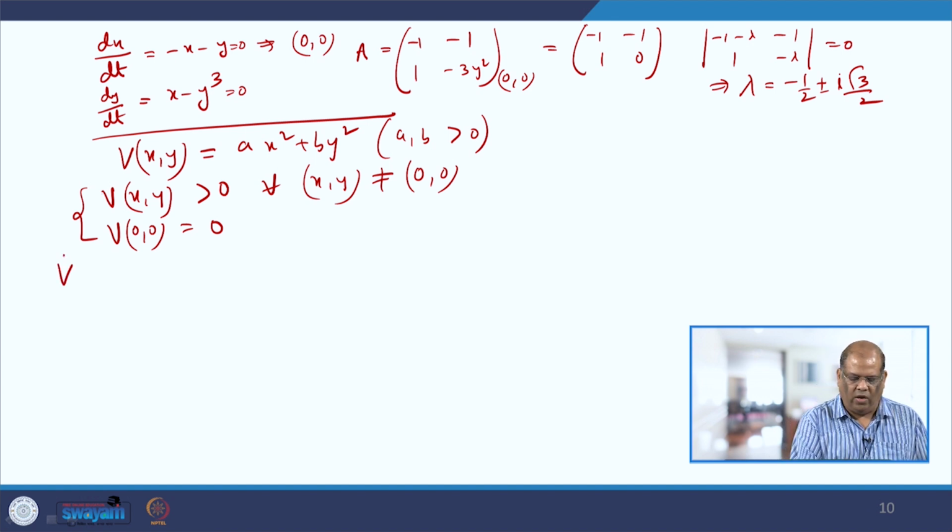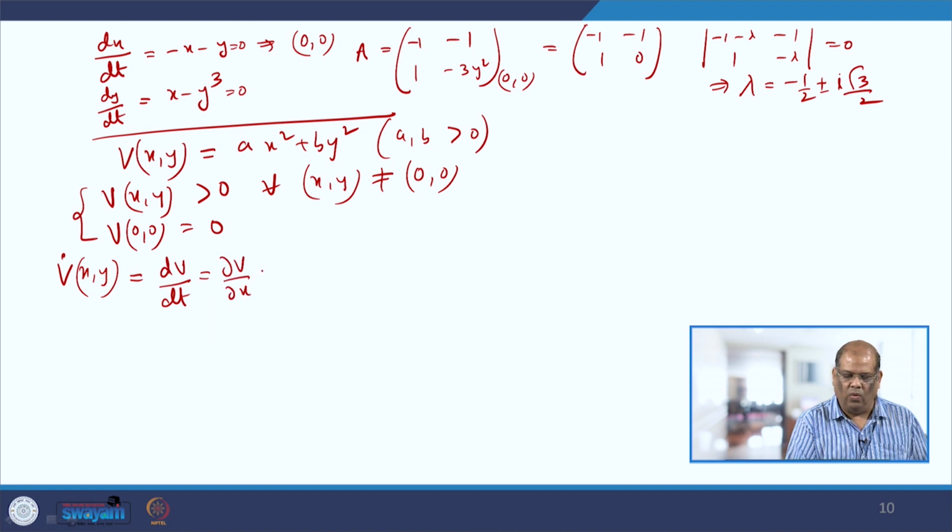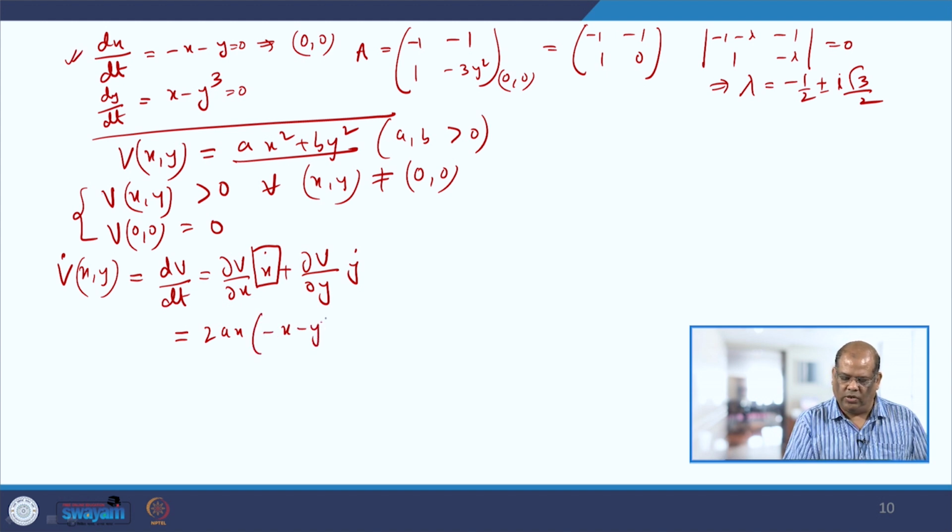Next comes V dot (x, y). So, V dot is dV/dt, which is del V del x into x dot plus del V del y into y dot. Now, del V del x is 2ax, and this x dot you substitute from here, which is minus x minus y, plus del V del y, 2by, and y dot from here, which is x minus y cube.